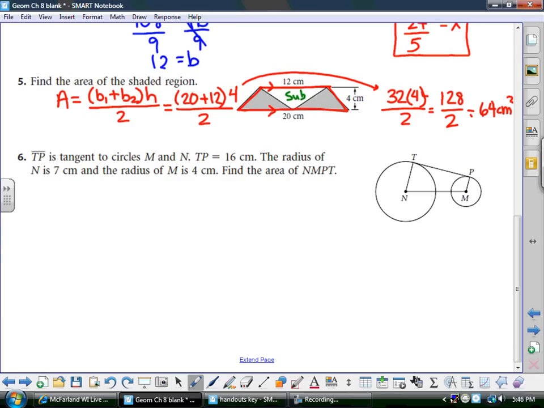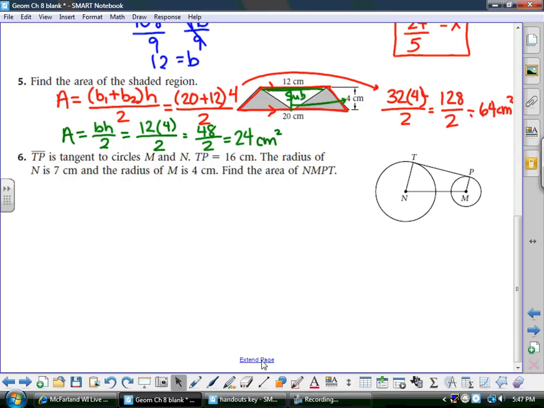To find the area of the triangle, I need to do base times height, and the height is still 4. So if I do base times height divided by 2 to find the area of that triangle, I'm doing 12 times 4 divided by 2, or 48 divided by 2, which is 24 centimeters squared.